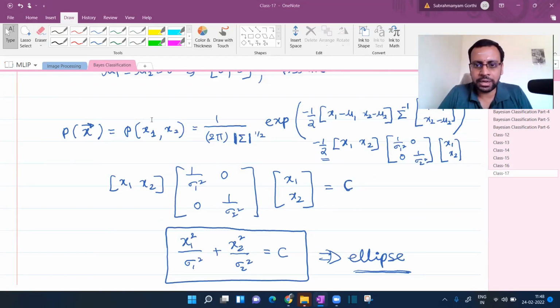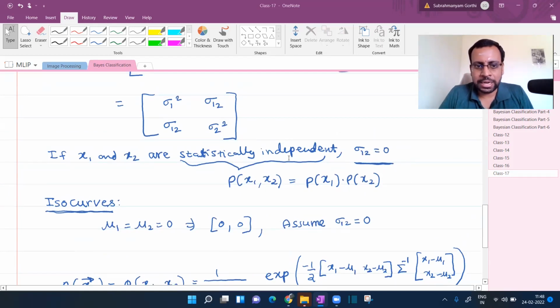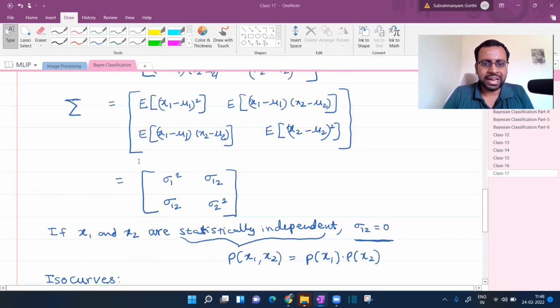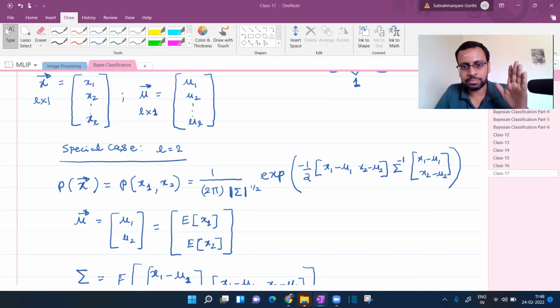Now let me again come back to normal mode and show you some illustrations. The statement I made here was with sigma 1, 2 equal to 0. That means the components of your feature vector are statistically independent. I considered a 2D Gaussian distribution, where my feature vector has two components, and the value is given by this expression. The outside multiplication factor is the same for all.